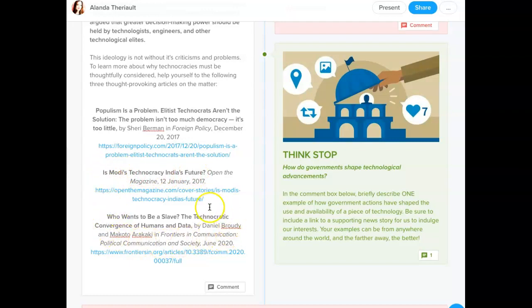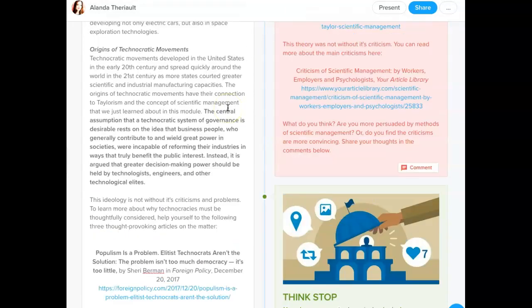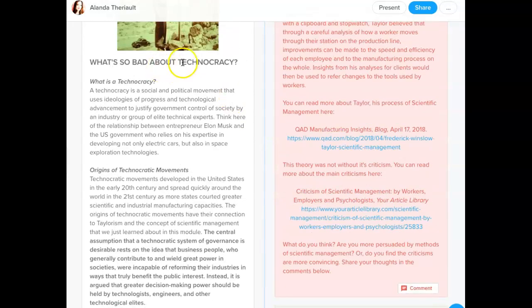And then, of course, a really alarmist but nonetheless interesting way of thinking about the dangers and the critiques of a technocratic emergence, given our service and data-driven industries that we see around the world right now. So 3 interesting pieces for you to take a look at as you consider technocracy.